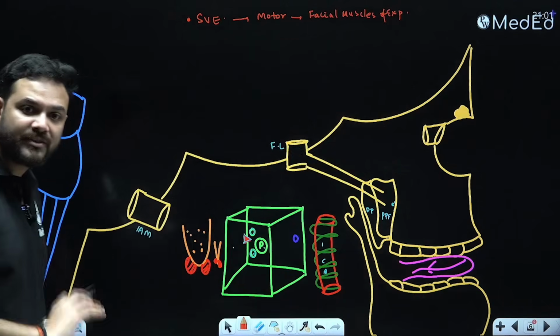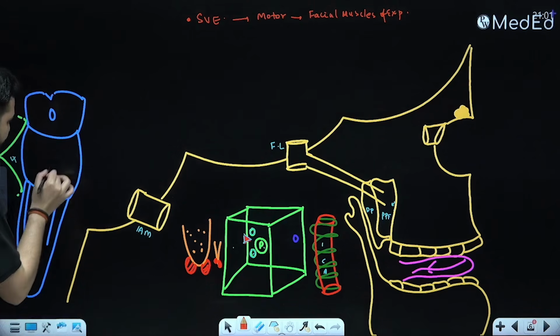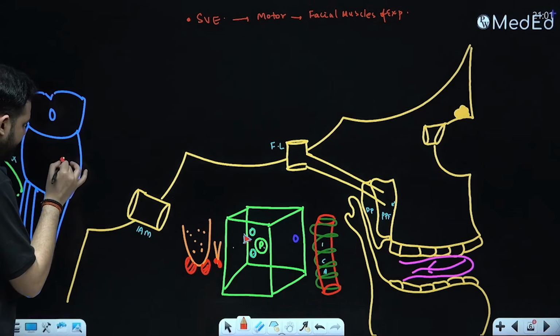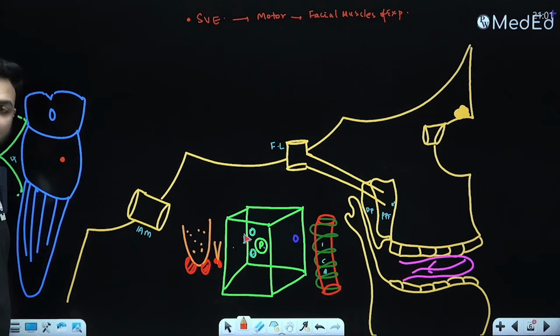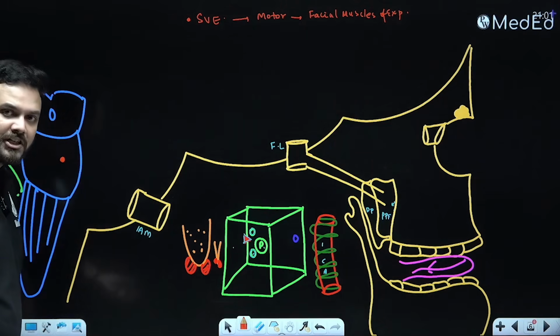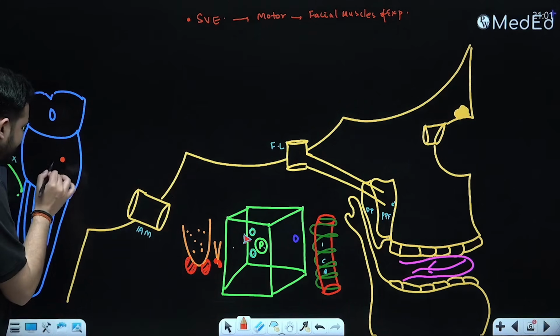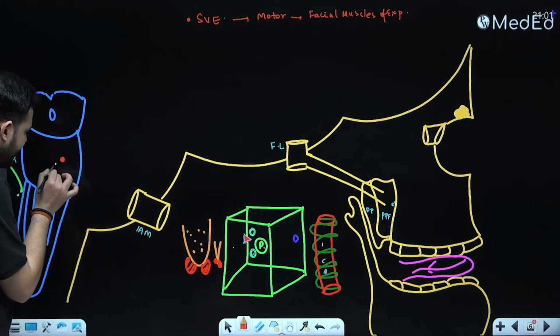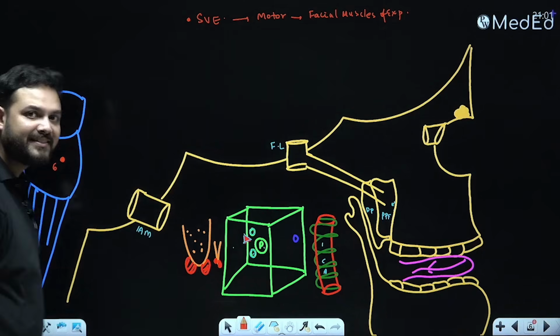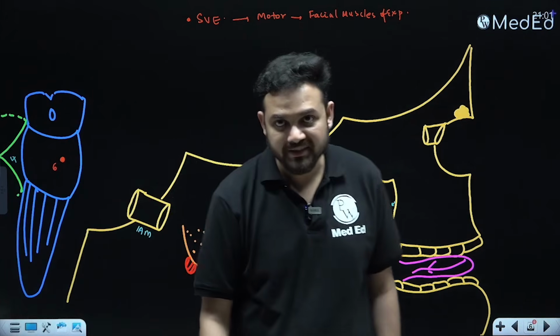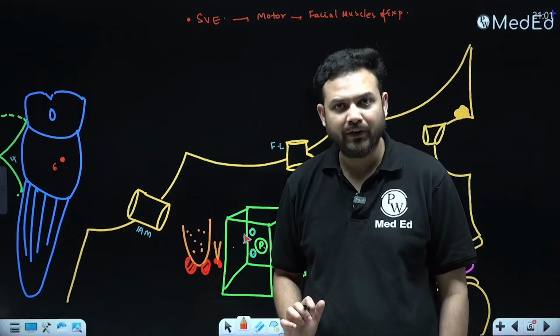So I'm going to first trace these fibers. There is a nucleus of SVE present in the pons. Every nucleus of the facial nerve is in the pons. That's why it starts in the pons and ends in the parotid. There is another nucleus present here called the sixth nerve nucleus or abducent nucleus, also in the pons.